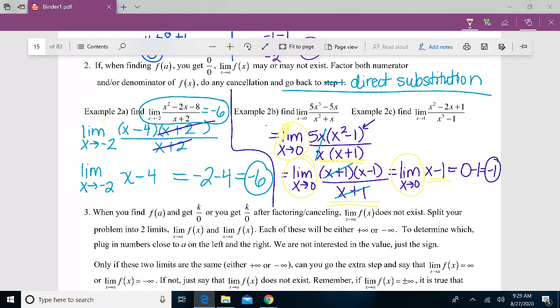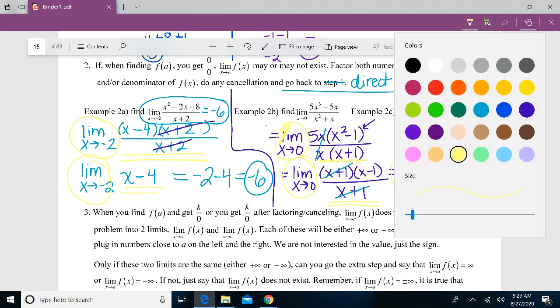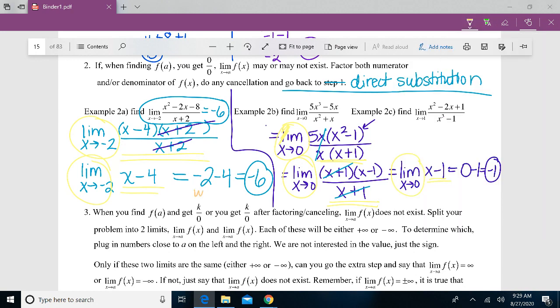See here, I wrote a limit here and a limit there where I have the algebra expression. Carry that down every single time. You can stop writing limit the minute that you go into the direct substitution part. When you start substituting in, you don't have any algebra left. So make sure you bring that limit part down every time. I'm going to remind you over and over, but that's what you're going to need to do.